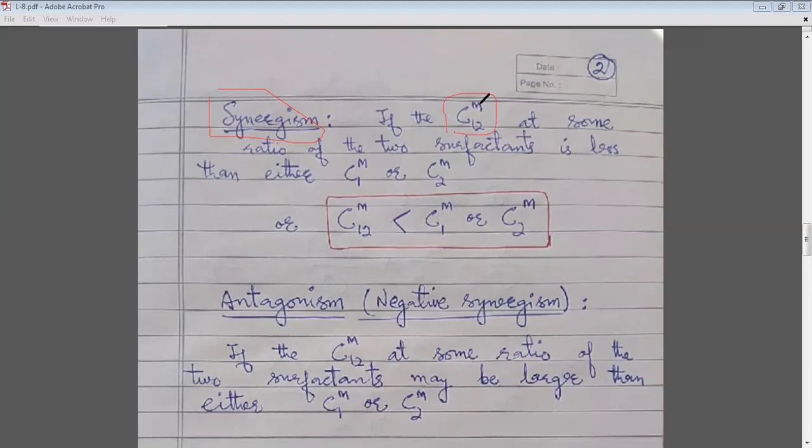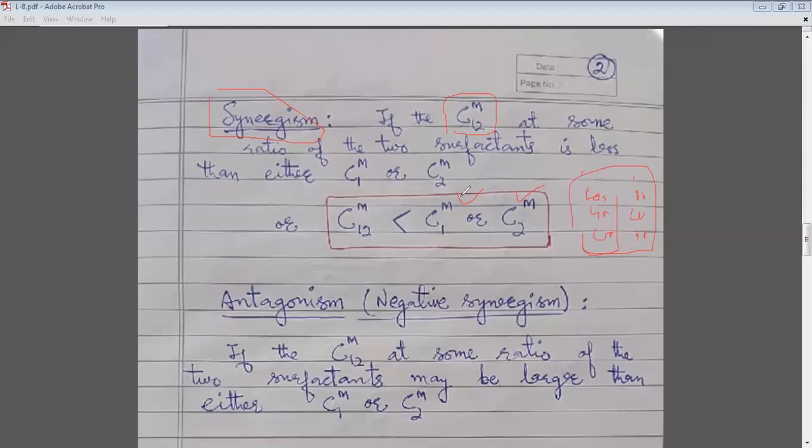If this C12M is less than the individual CMCs of the surfactants, and we add different ratios of surfactant 1, suppose 20 and 80, then change the mole fraction to 40 and 60, and similarly 60 and 40, and determine the CMC each time.